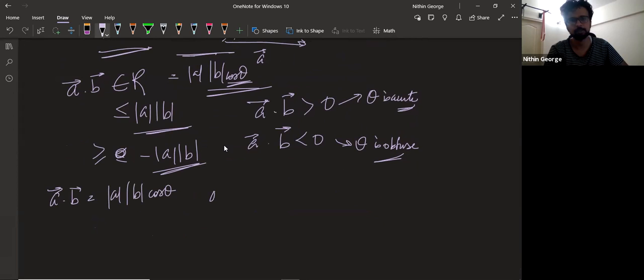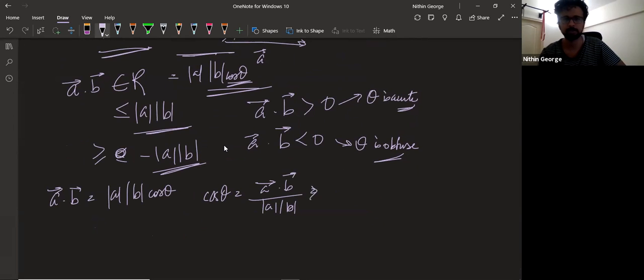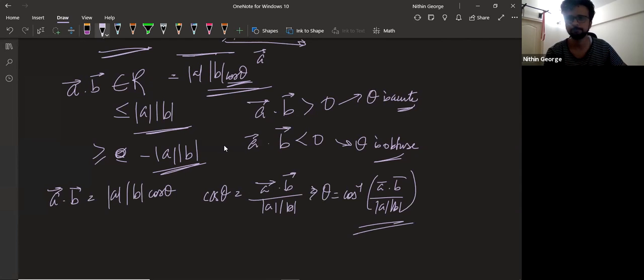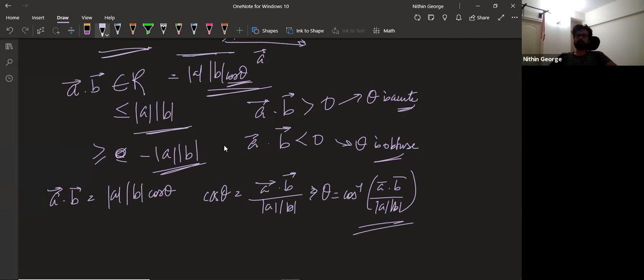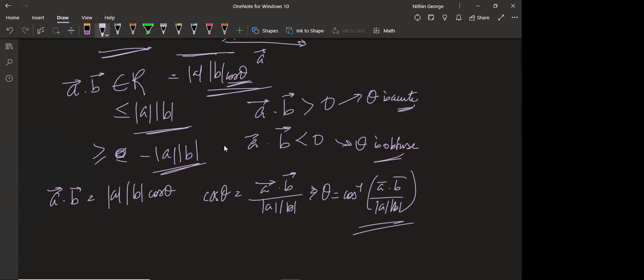So now you can write cos theta to be A dot B divided by mod A mod B. This can further be written as theta equal to cos inverse of A dot B over mod A mod B. Is there anything you're not understanding or anything new to you? Okay, fine.